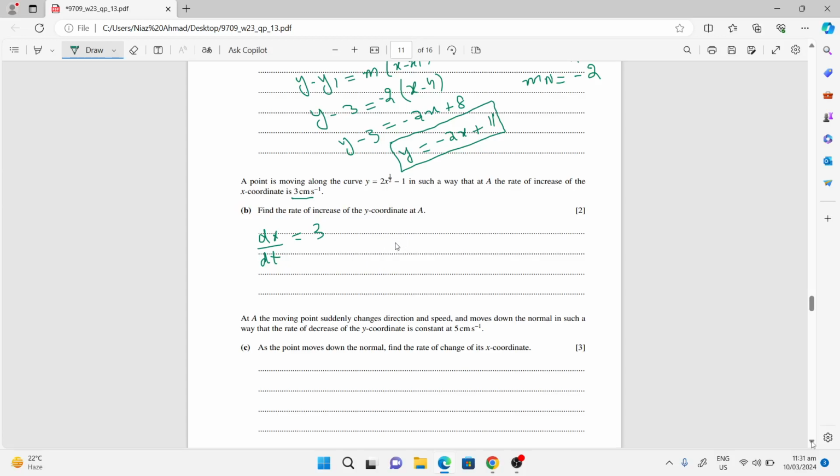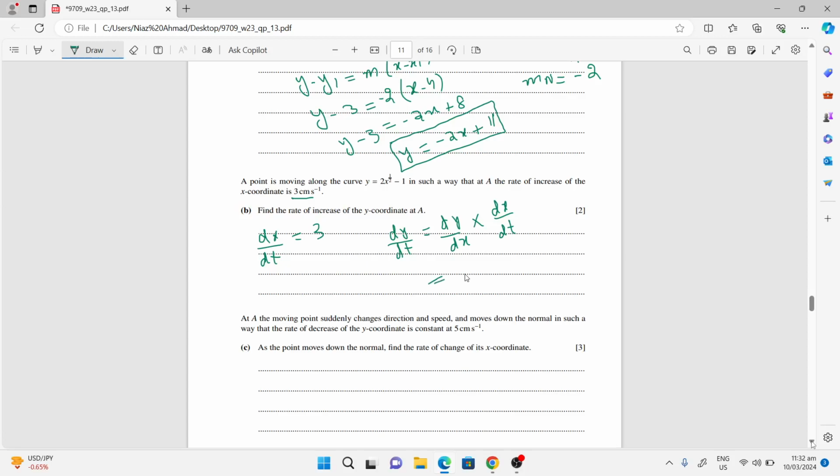Yes, any one of you. Which formula are you going to use? You have to find dy by dt. So you just write dy by dx into dx by dt equals dy by dt. Great. So dy by dt would be equal to dy by dx multiplied by dx by dt.